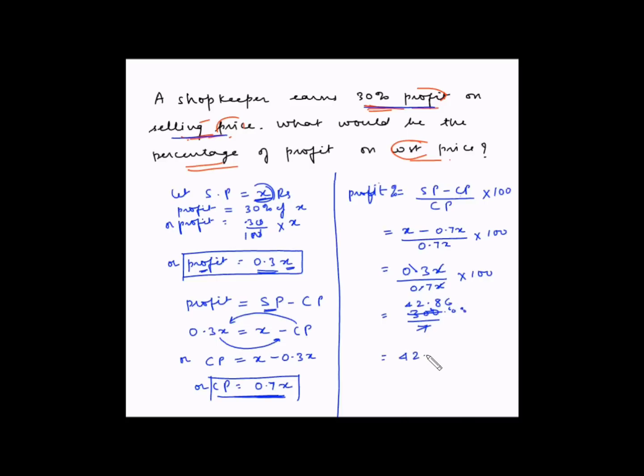So this is 42.86%. So this is the profit percent on the cost price.